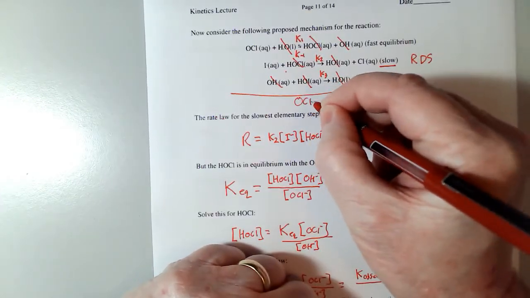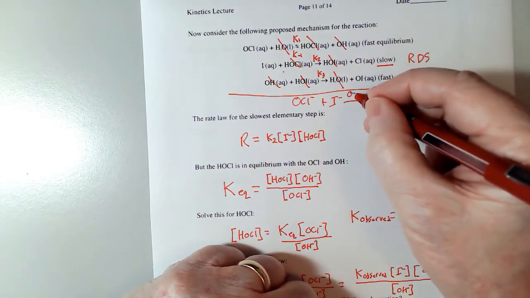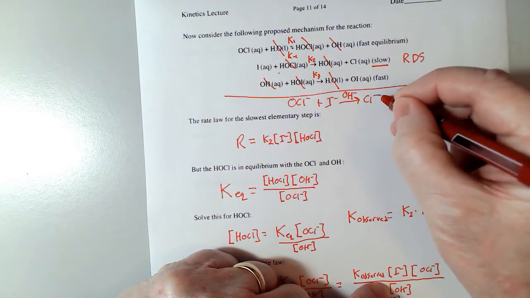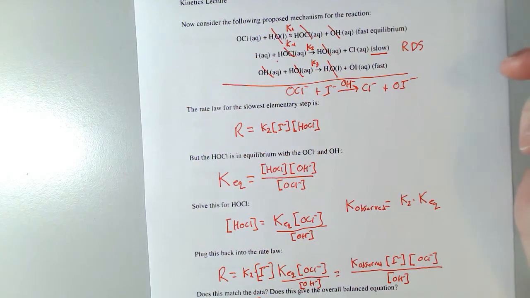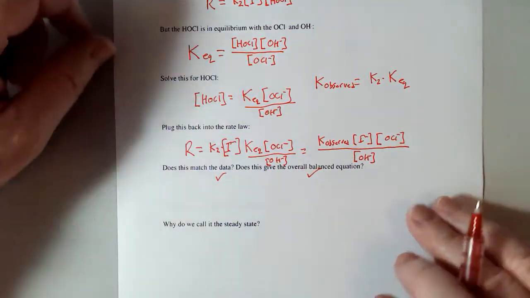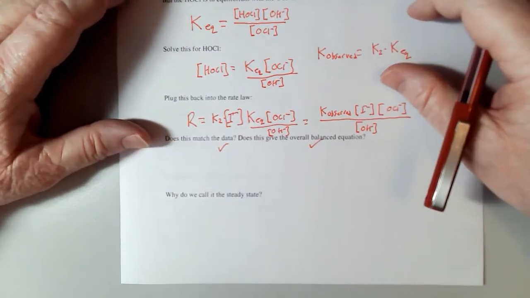So I have OCl minus plus I minus. I said the hydroxide was just a catalyst. And then I get Cl minus plus OI minus. And it matches. Yes. Okay. So I meet the restrictions. That is a plausible mechanism.